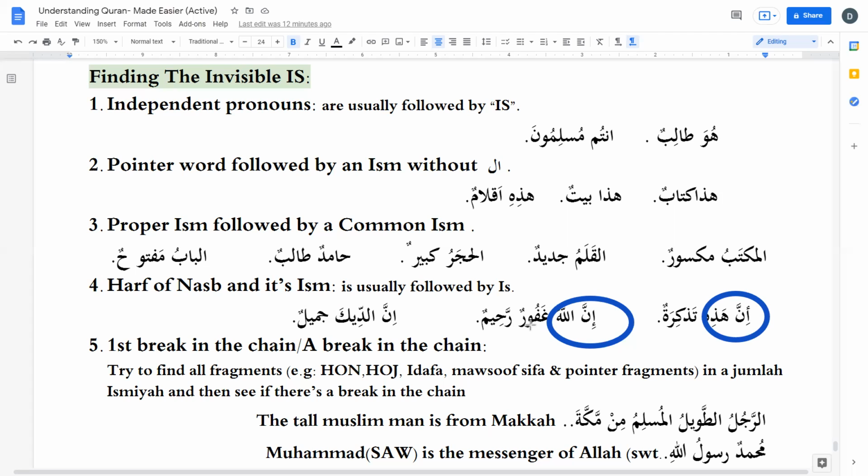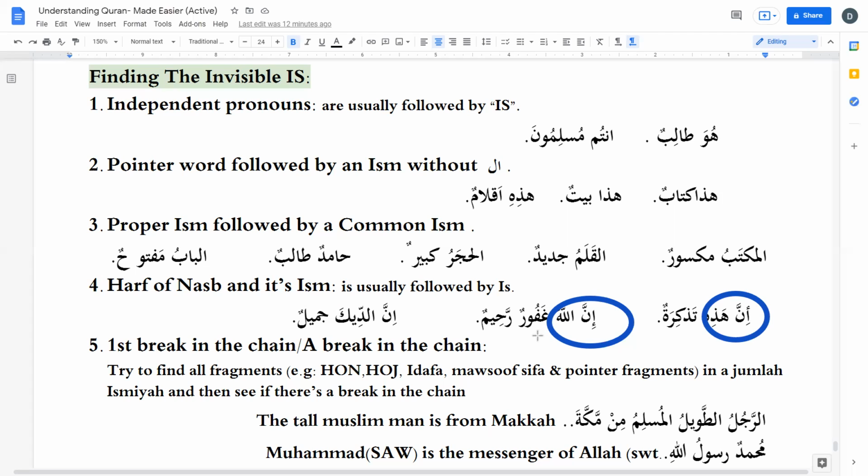Over here there is no mawsoof sifa, because if it were mawsoof sifa, then Allah would have been in rafa status.